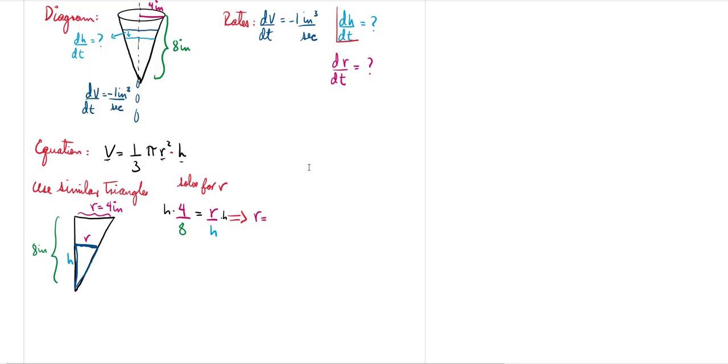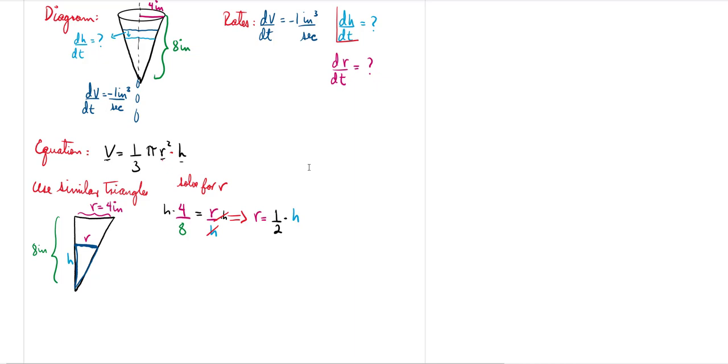And that's going to give us, let's see, 4/8 is 1/2, so 1/2 times h, after canceling this one here. Okay, now we have that r is equal to 1/2 the height.